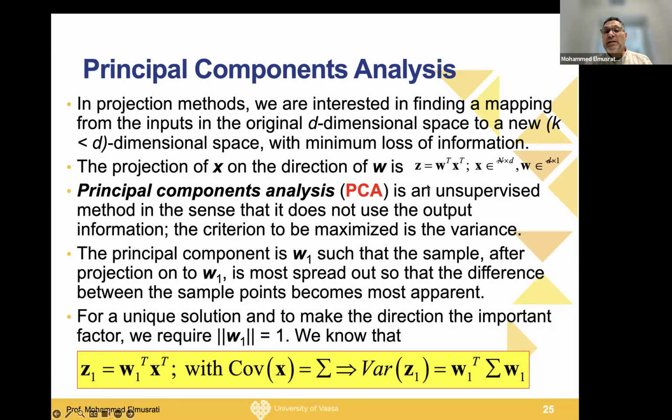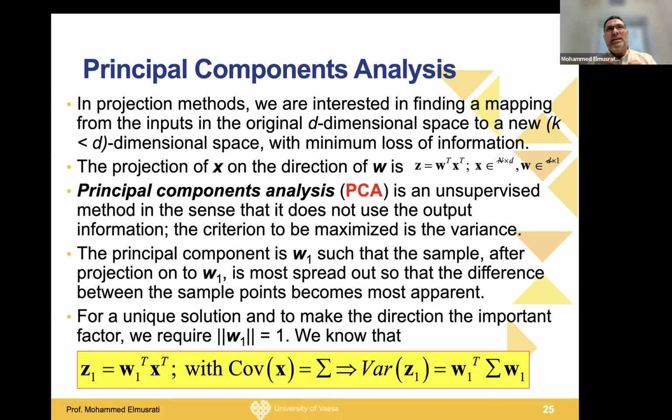When you make this multiplication, W transpose becomes 1 times D. D here is 50, and this will be 50 times 1000. So Z will be 1 times 1000. It means that it will be one vector, and this vector has 1000 elements.